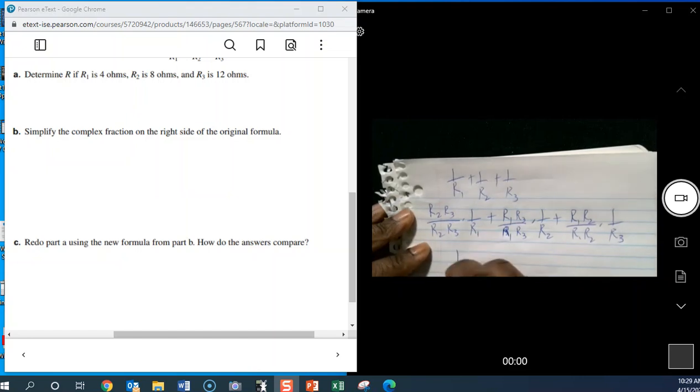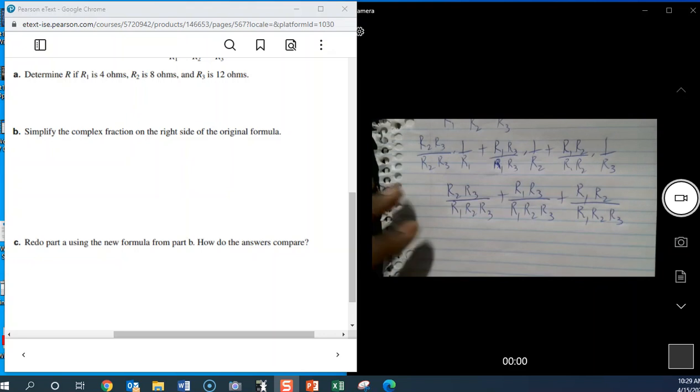So when we do this, we have R2 R3 over R1 R2 R3, plus R1 R3 over R1 R2 R3, plus R1 R2 all over R1 R2 R3.